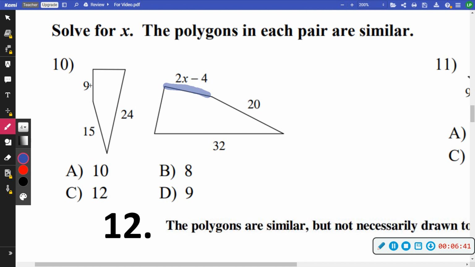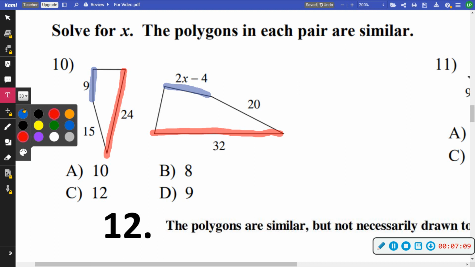So that would have to be the shortest side, which looks to be this one. So those go together. And then I'll just pick the longest, 24 to 32. And there's no reason why you can't pick 15 to 20. I just decided to pick 24 to 32.